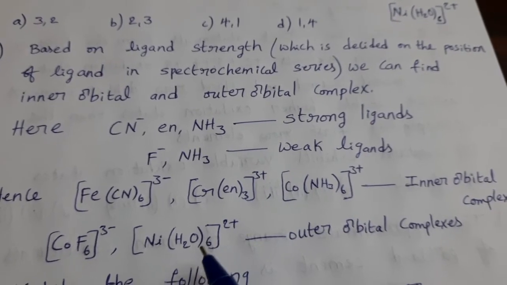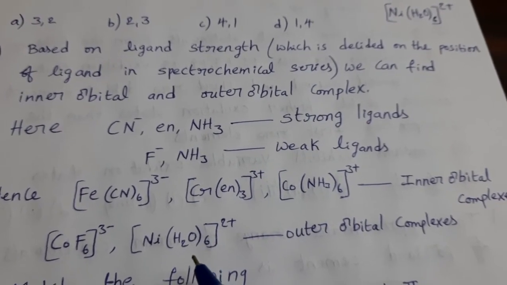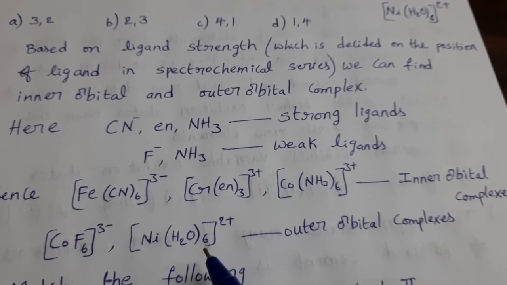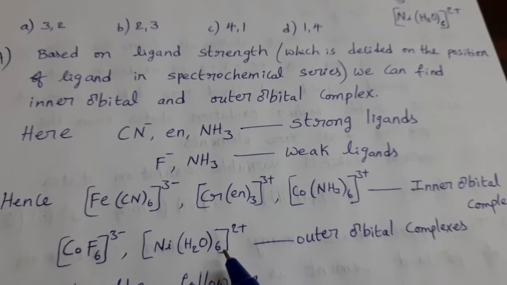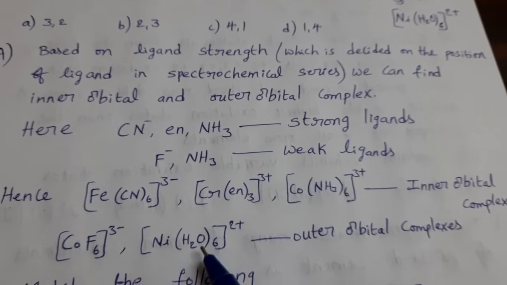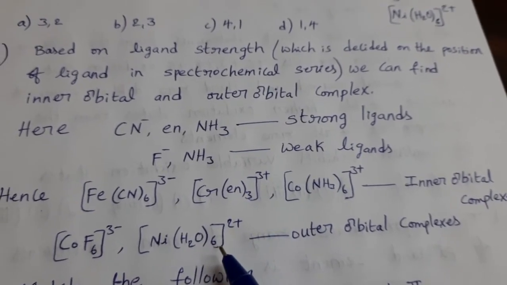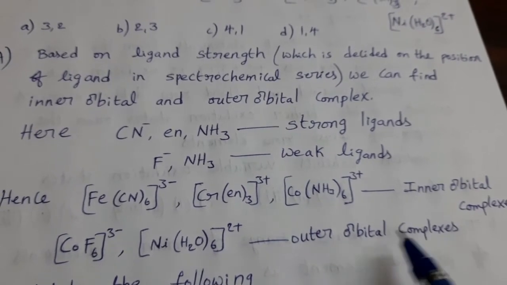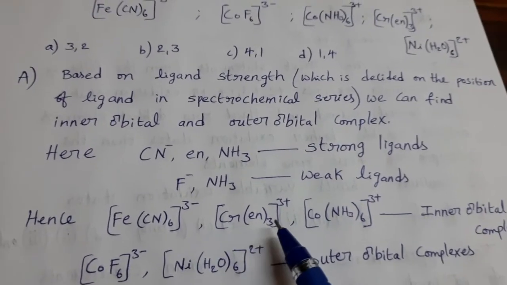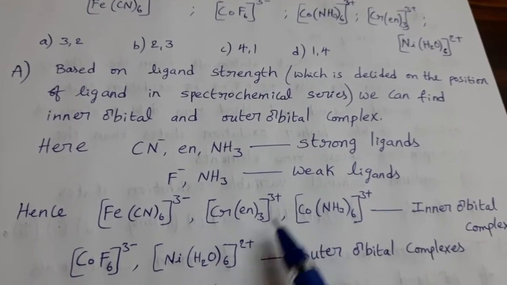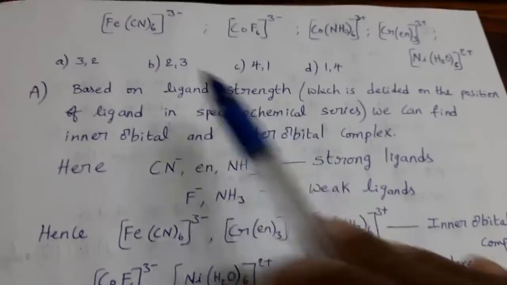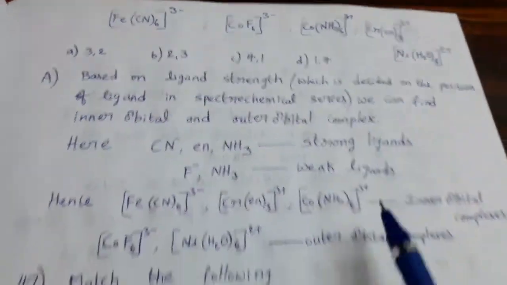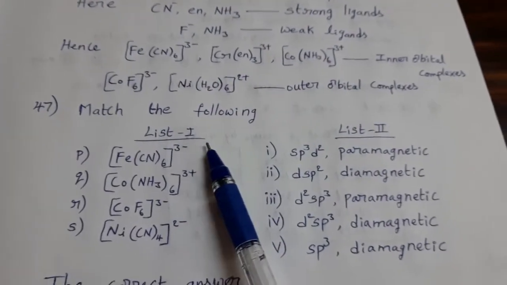Here any unpaired electrons at the central metal atom do not undergo rearrangement, they remain as they are. Hence only orbitals present in the valence shell participate in the hybridization. Therefore we get outer orbital complexes. So inner orbital complexes are 3, outer orbital complexes are 2. What is the suitable option? Option A.